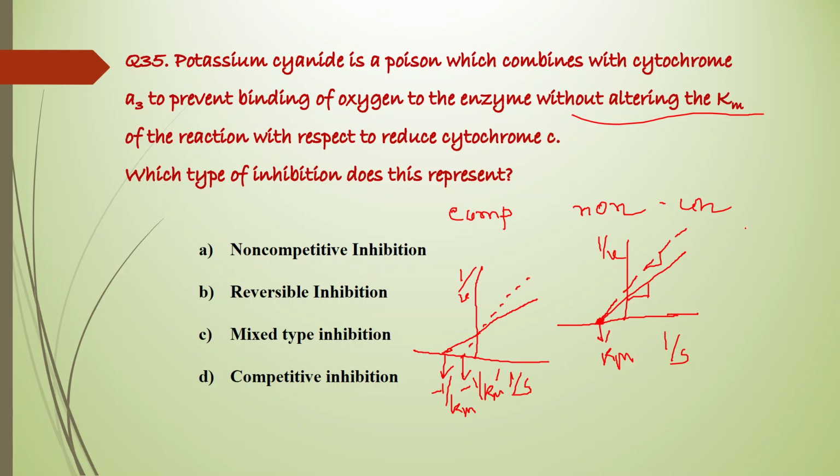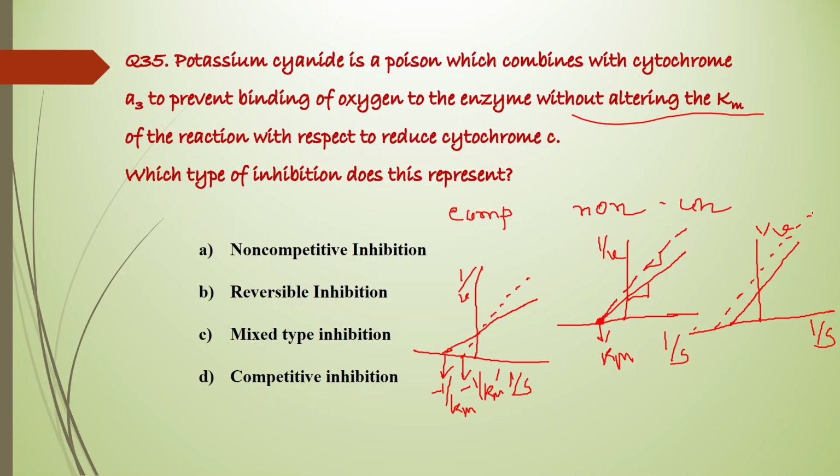And what is the case of uncompetitive? In case of the uncompetitive one, if this was the original one, 1 by V versus 1 by S, then after adding the inhibitor, you will get a parallel line.